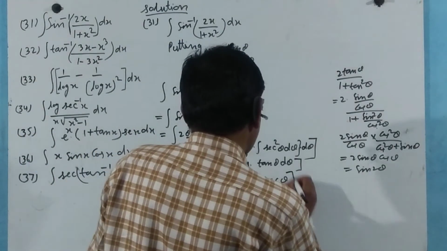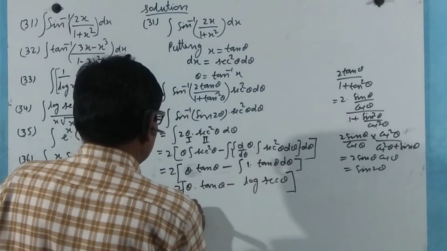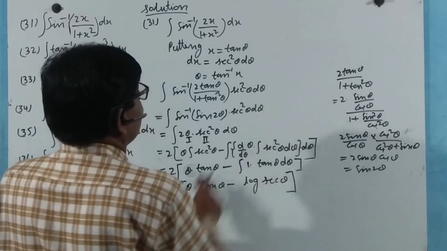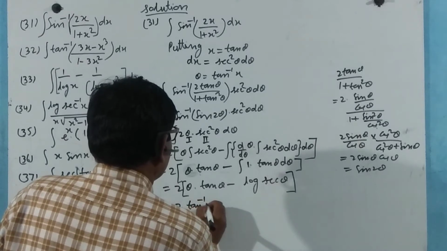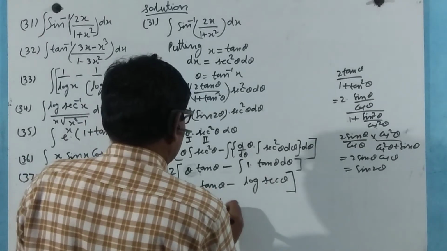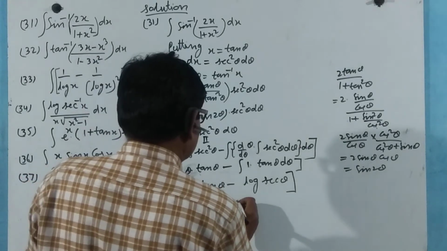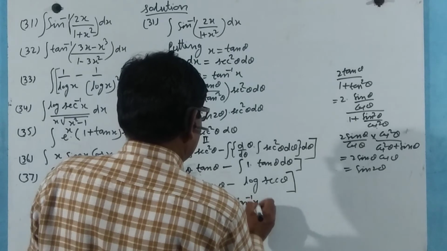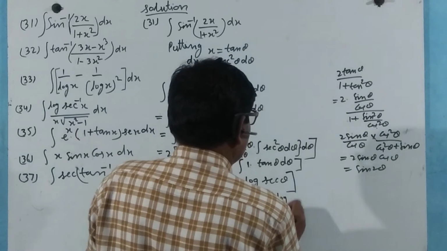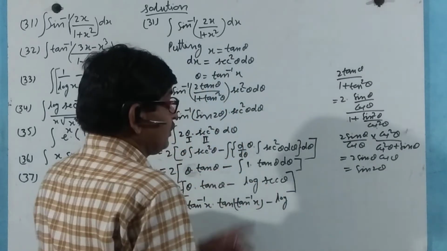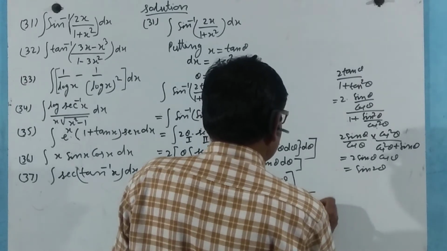Now putting the value of this here, theta equal to tan inverse x, into tan theta, where tan theta equal to x, we get tan inverse x minus log square root of 1 plus tan square theta, since 1 plus tan square theta equals sec square theta, so that we take it as 1 plus tan square theta.